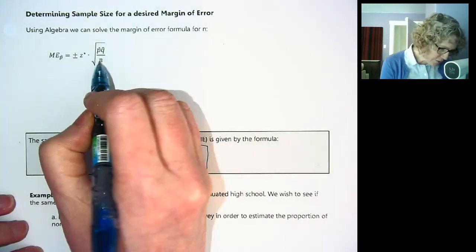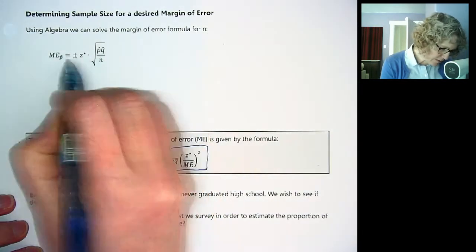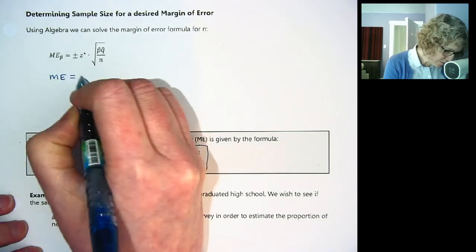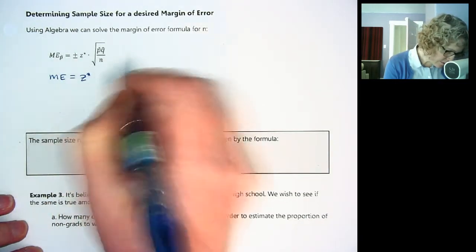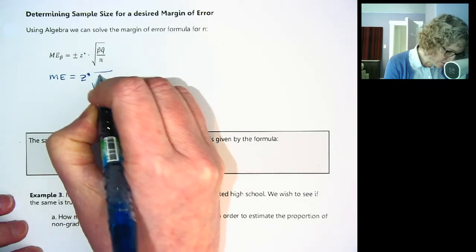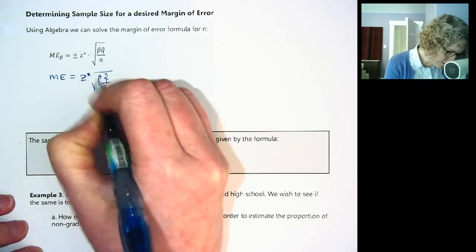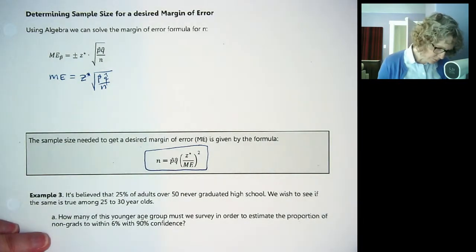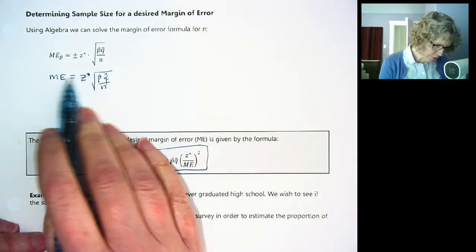Okay, so if you like algebra, stick with me here. What we're trying to do is solve for this n. I'm going to simplify this a little bit: take out the plus or minus, and take out the subscript, so it's a little bit cleaner. We want to get this n out of the square root.